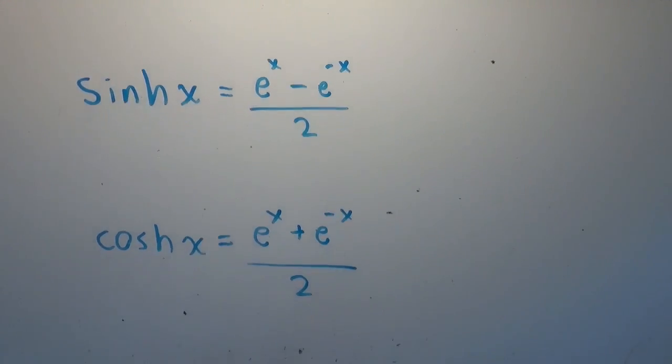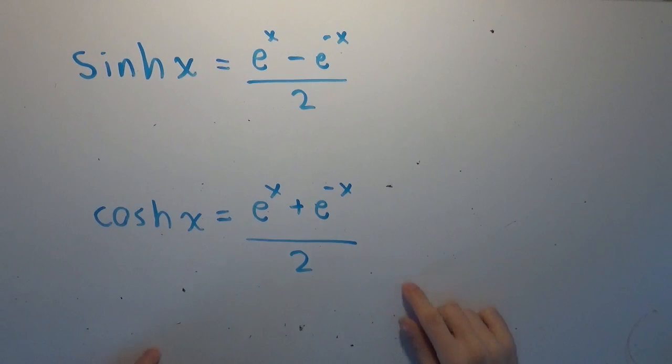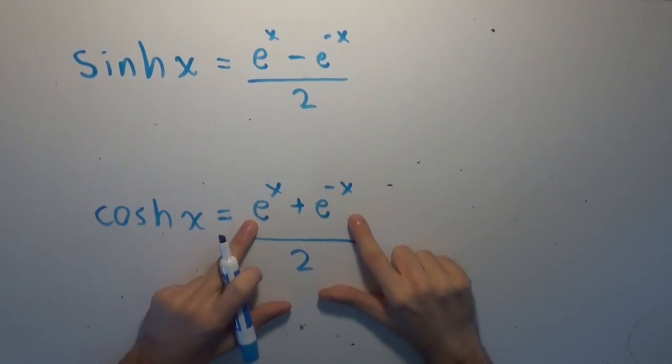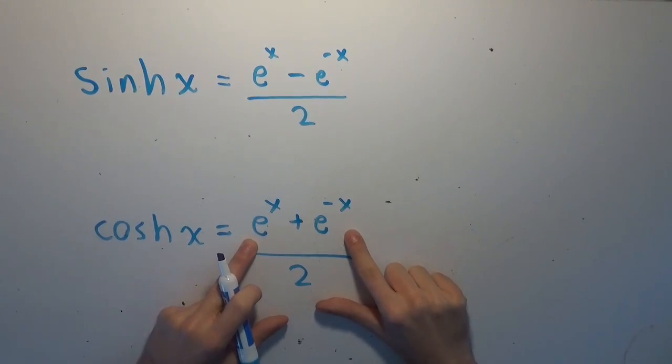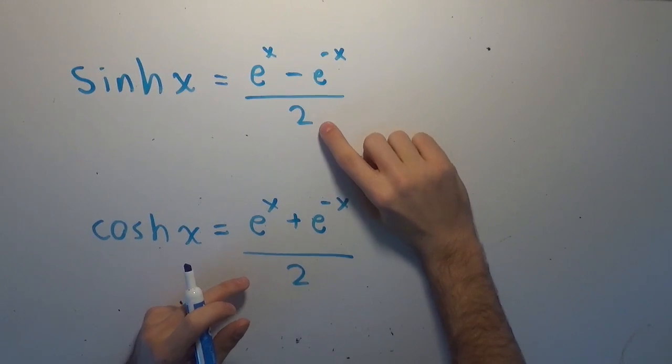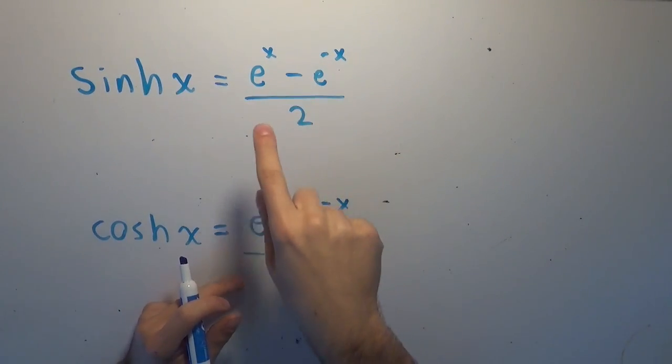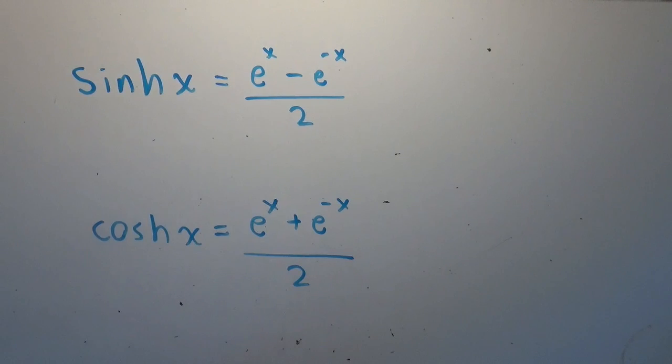That is to say that the hyperbolic cosine is the average of the exponential function and its reciprocal. And the hyperbolic sine function is half the difference of the exponential function and its reciprocal.